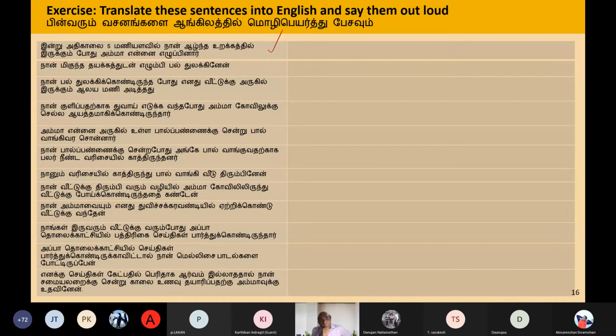What I would say, Dhanujan and Abhishajan, is: while I was brushing my teeth, the bell. While is the best word; it is appropriate at that point. While means when something is happening.